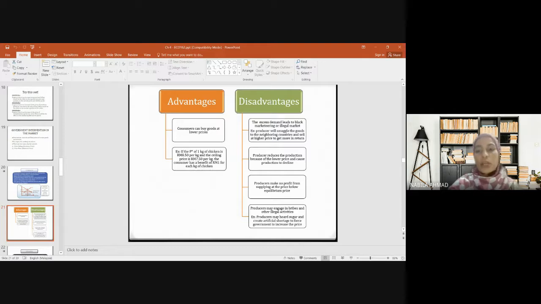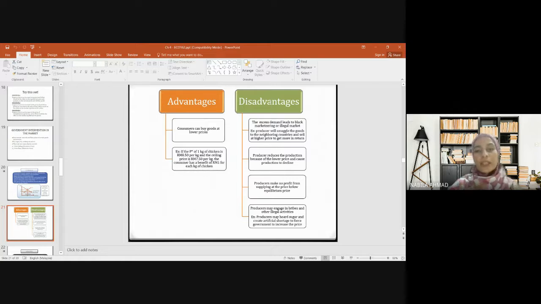And then producer juga akan engage in bribes, illegal activity. Contohnya dia akan sorokkan barang. Kita panggil sebagai hoarding. So dia sorokkan barang, dia katakan okey, barang dah habis, barang tak mencukupi sebab dia nak paksa government untuk naikkan harga. So bila government naikkan harga, dia akan keluarkanlah barang-barang yang disorokkan. So kita panggil sebagai hoarding lah, hoarding.